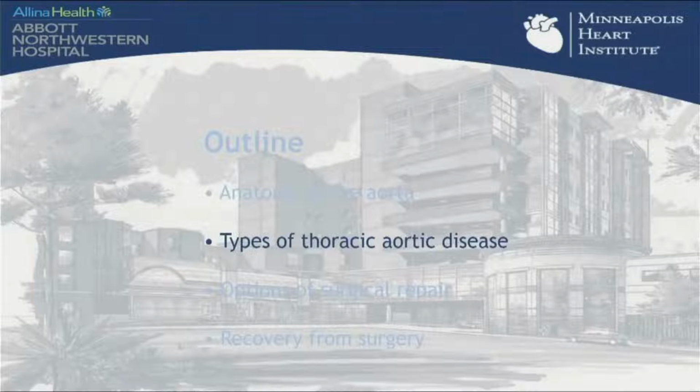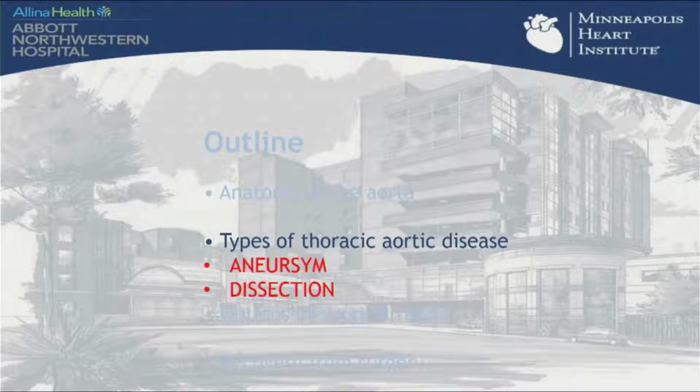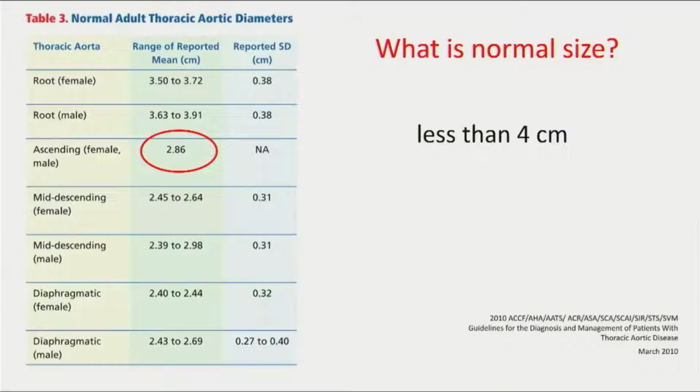There are two types of disease that I wanted to focus primarily on today. There are two different words, and they're related, but they're different problems. The first is aneurysm, and the second is aortic dissection. Now, what is a normal size of the aorta? We can look at men and women, and we know that one size doesn't fit all.